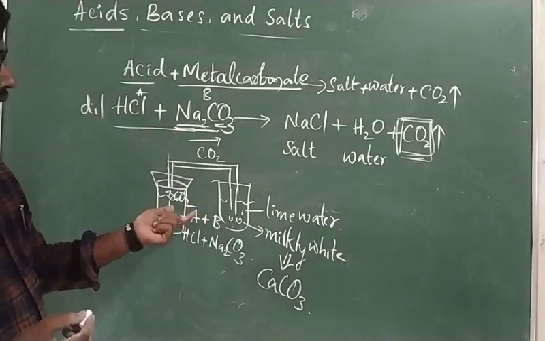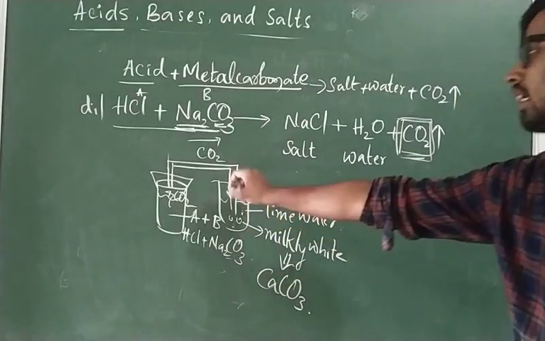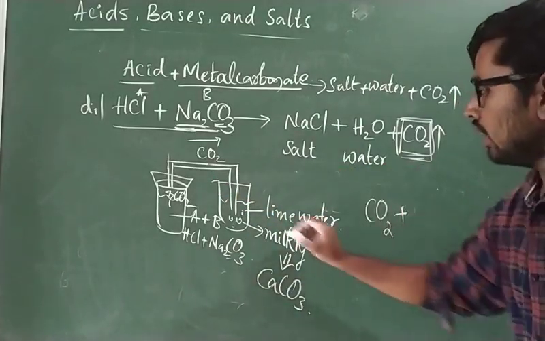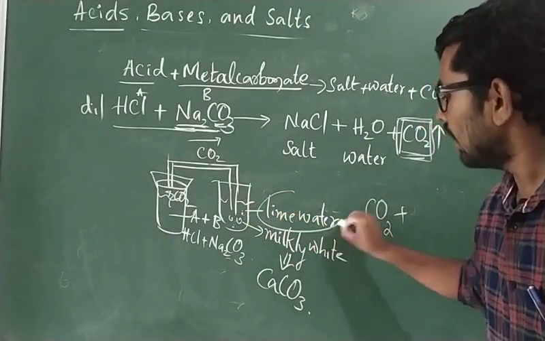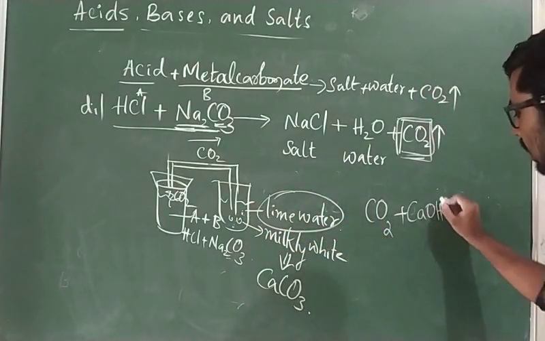Here we are getting carbon dioxide, and here we have lime water. Lime water means what is the formula? Calcium hydroxide.